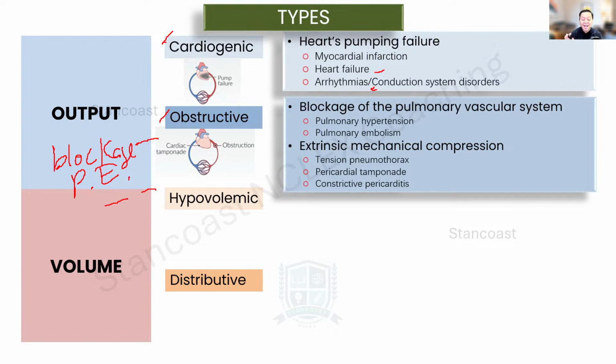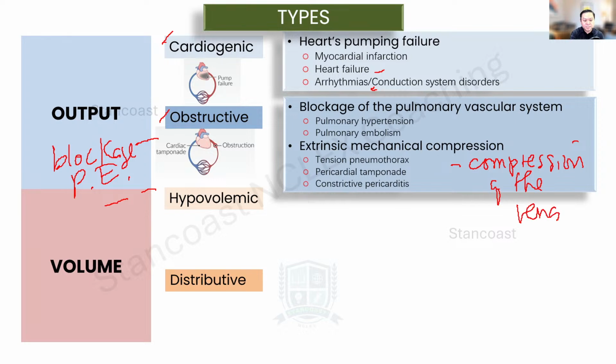And once we have this problem, once the air is going to compress the lungs, it can also compress the heart, which will be causing it to reduce its cardiac output. Okay, there is compression of the heart, also the compression of the lungs itself, and there is what we call the compression of the vena cava.